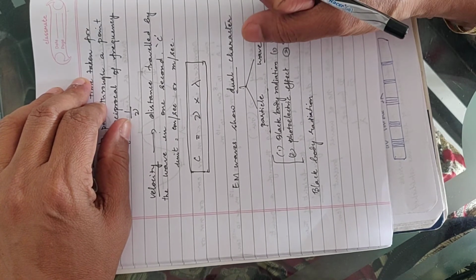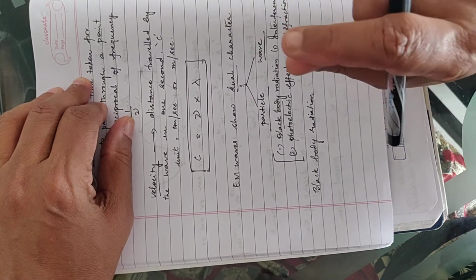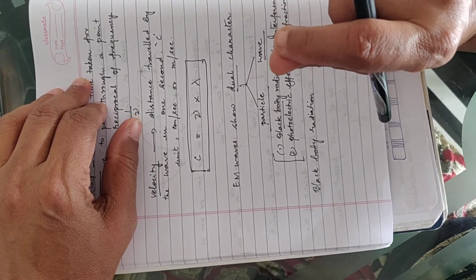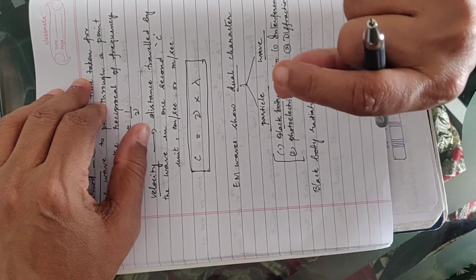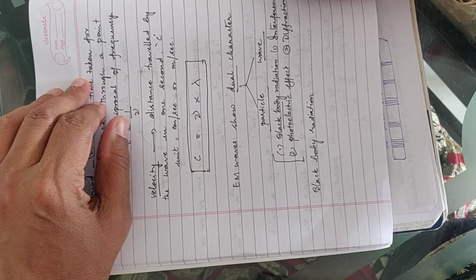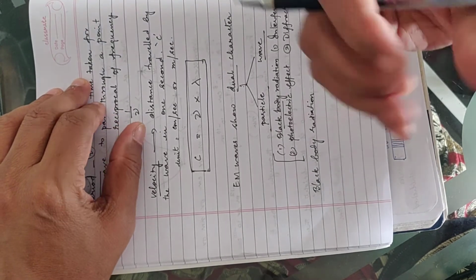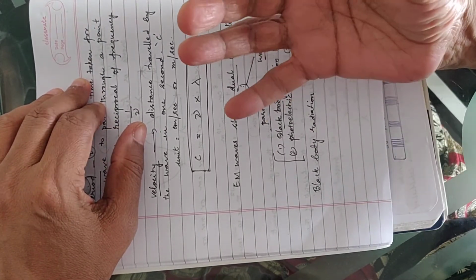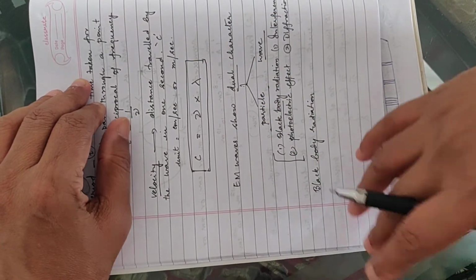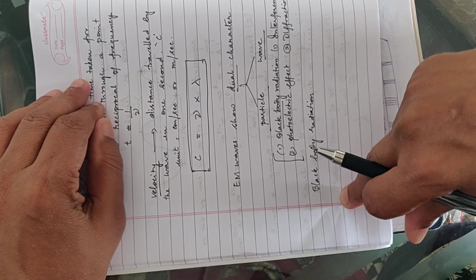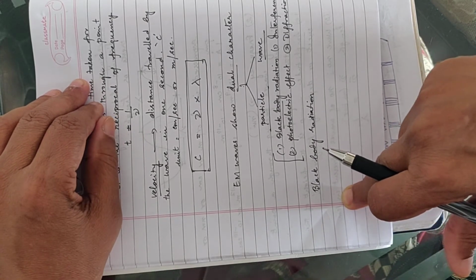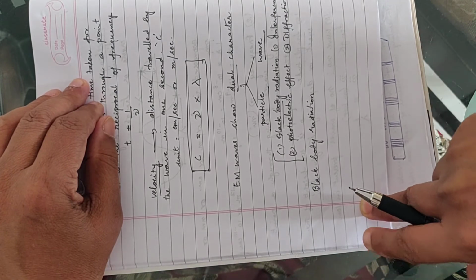If the substance being heated is a black body, what do you know about black? It's a perfect absorber and also a perfect radiator of energy. So this black body can emit and absorb all frequencies. So this is what is called black body radiation.